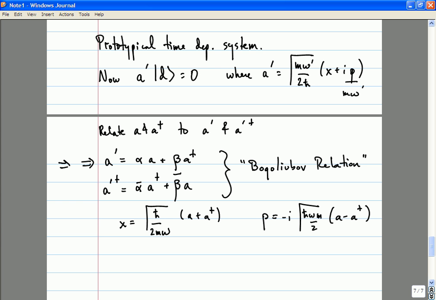That's a simple exercise, so I'll just tell you the answer. Alpha and beta are linear combinations of the ratios omega over omega prime. Sorry, let me write that a little more neatly.